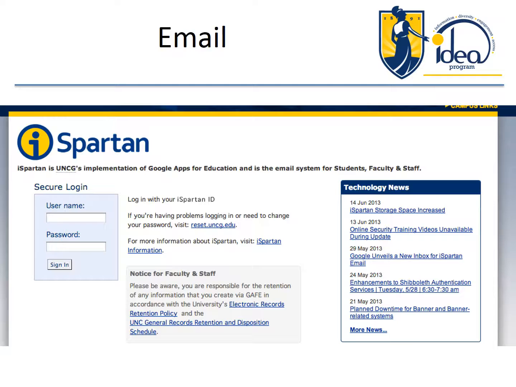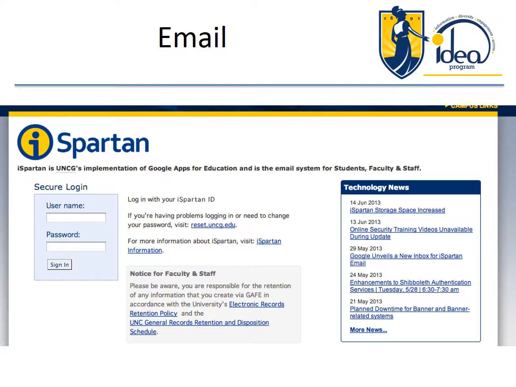UNCG email is reached through a portal called iSpartan. This is a picture of iSpartan. You sign in with your username and password, which of course you've already gotten, or otherwise you wouldn't be in the modules.